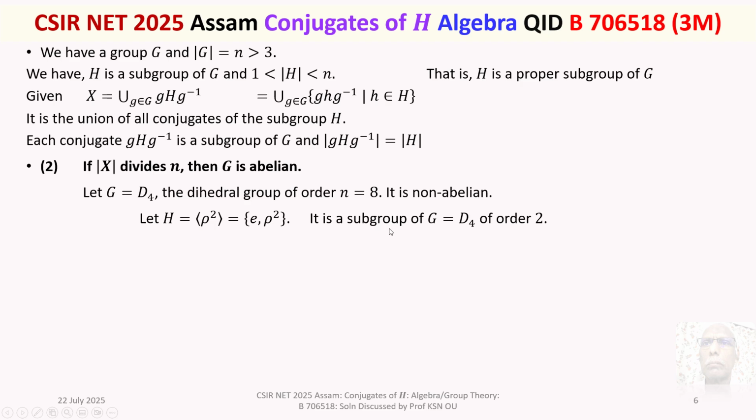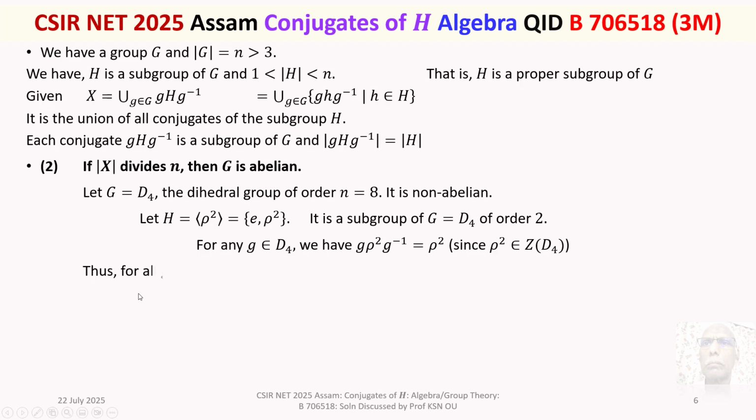So it is a subgroup of D4 of order 2. For any g belongs to D4, we have g rho square g inverse is also rho square. Why? Because rho square belongs to the center of D4.